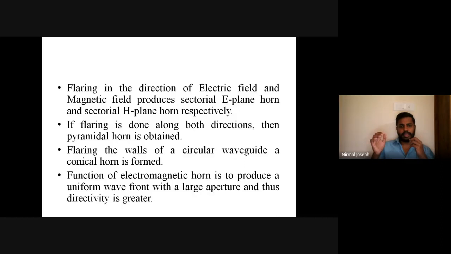If flaring is done along both directions, then a pyramidal horn is obtained. That only we saw just now. Flaring is done along both directions, horizontally and vertically. Flaring the walls of a circular waveguide gives a conical horn. If the waveguide is circular, we will get a conical horn. The function of the electromagnetic horn is to produce a uniform wavefront with a large aperture, and thus directivity is greater.